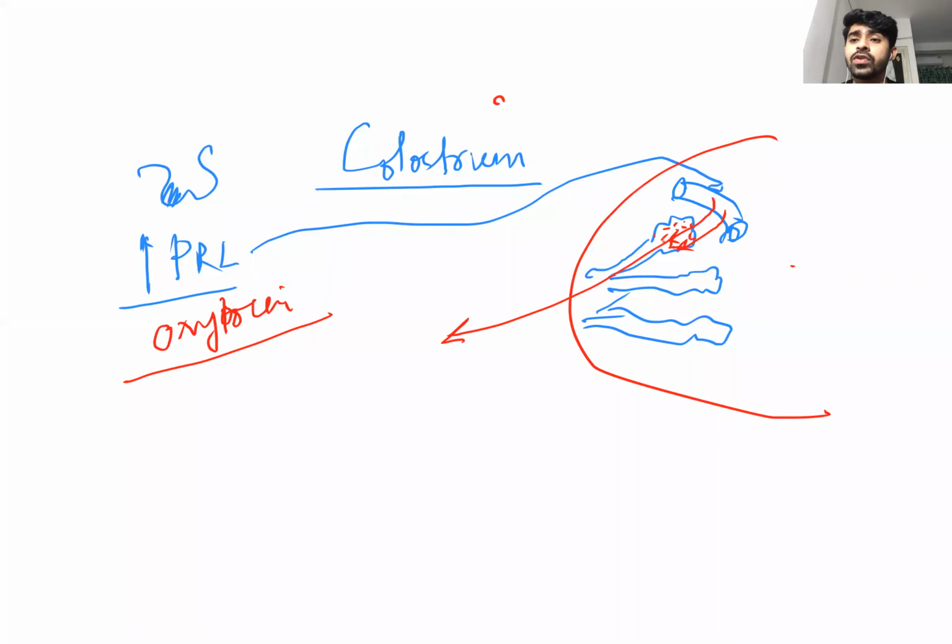The colostrum is the milk for the first 2 to 3 days just after the delivery. Suppose today the baby has been delivered, then for the next 2 to 3 days you will find a thick yellow colored milk coming out. It's a very important, very nutritious, very useful milk.